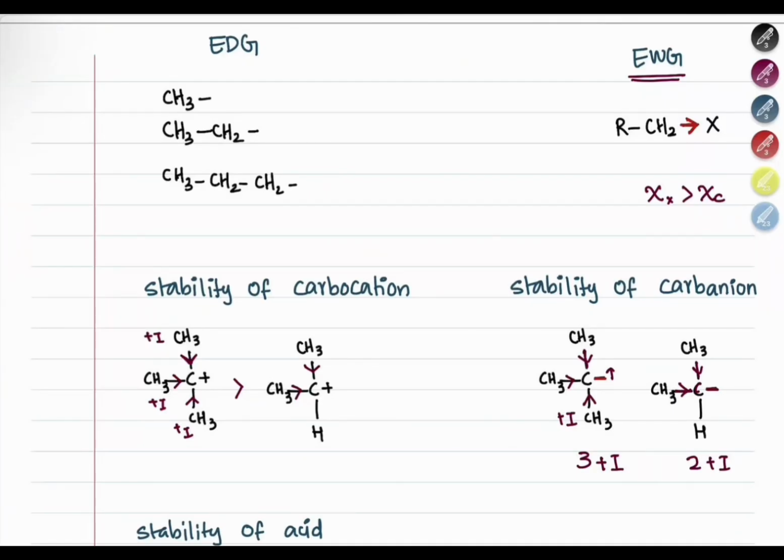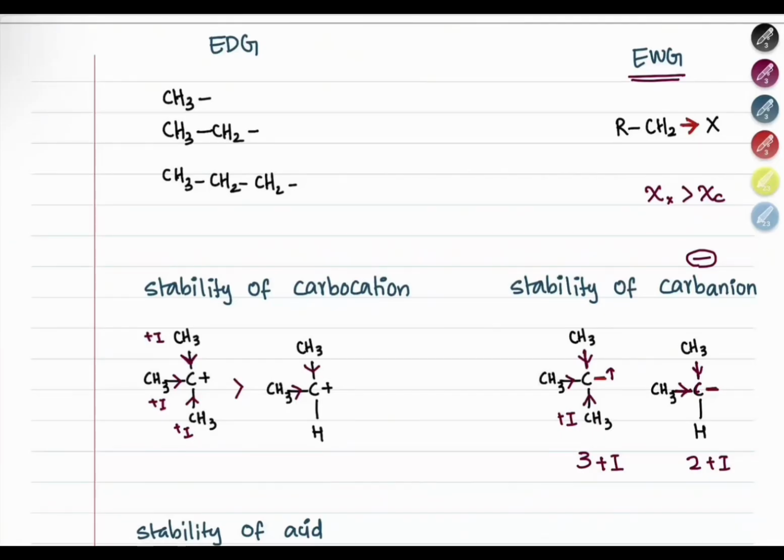Now we need to look at the stability of the carbanion. Carbanion means there will be a negative charge. For this negative charge to be stable, there should be less intensity of negative charge. If the intensity of the negative charge is again increasing by the donation of other groups, then it will become less stable. If there is an electron withdrawing group in a molecule, then the negative charge will become stable.